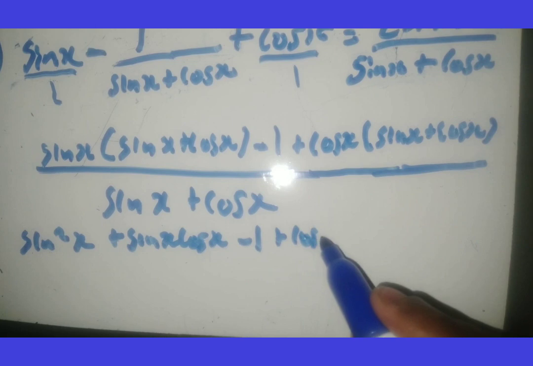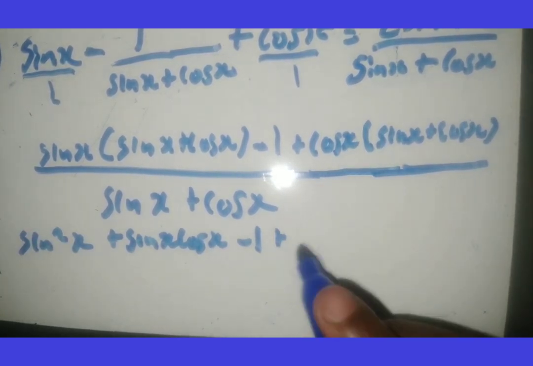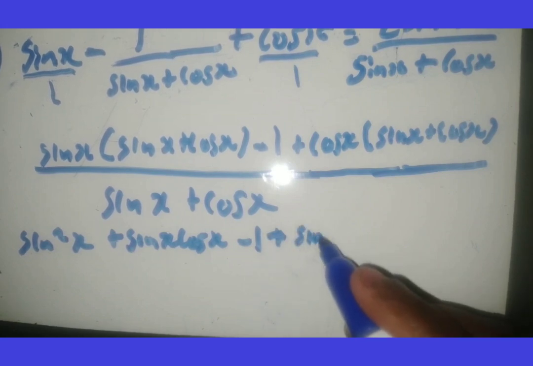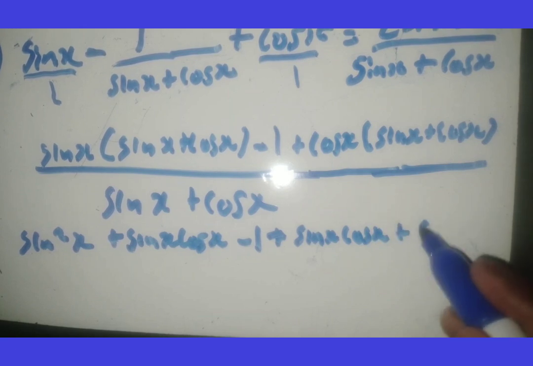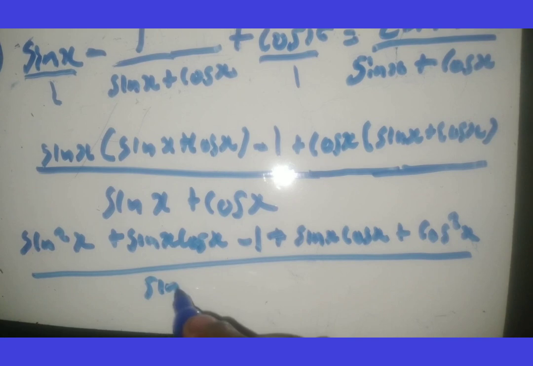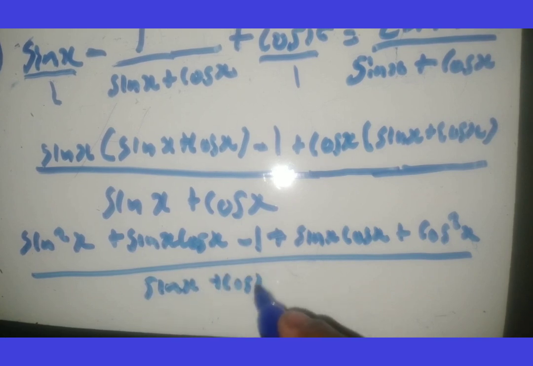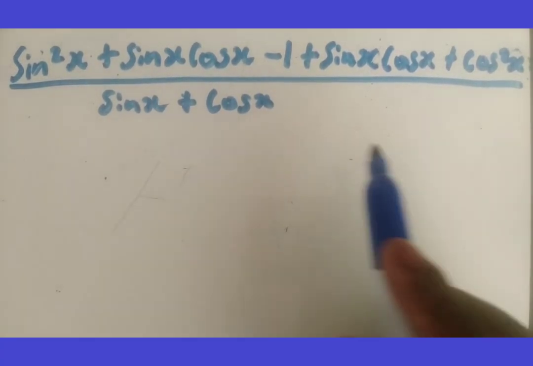Cos times sine is just sine cos, or cos sine is just the same. So then it's going to be sine x cos x. And then cos times cos is cos squared. So then we have over sine x cos x. So this is what we have.